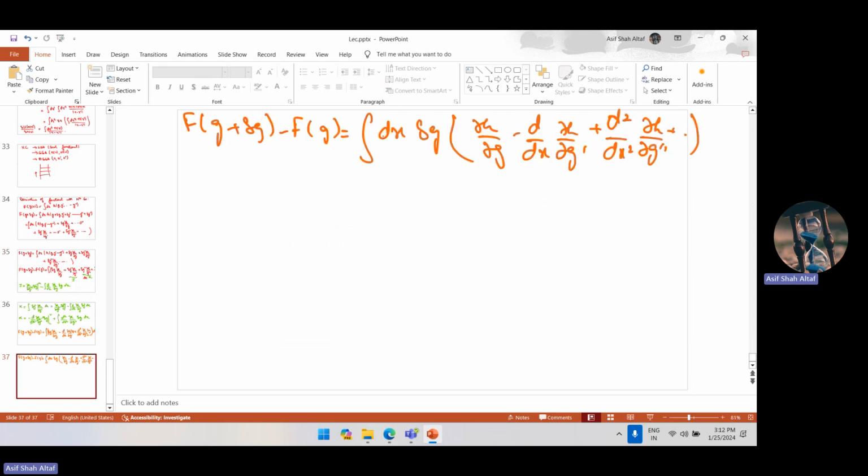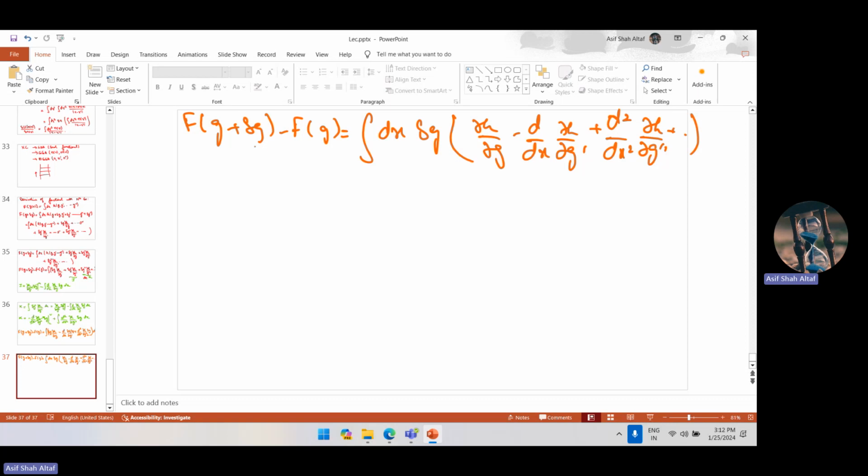Now we only took 3 terms here, right? But if you see the pattern in these 3 terms, you have the first term where you have just dou h by dou g, then you have the first derivative, and here also you have the first derivative in g, the second derivative here d2 by dx2, and in g you also have the second derivative.